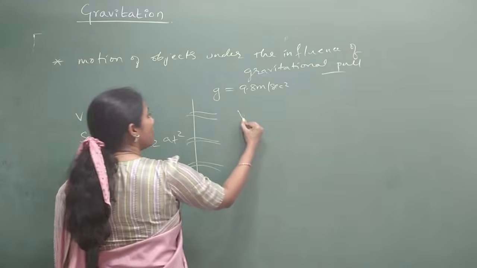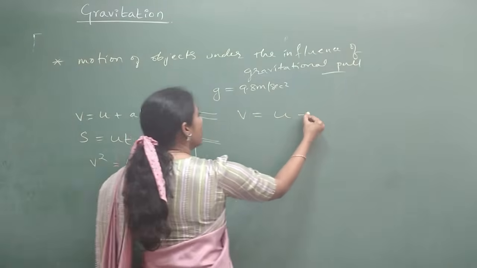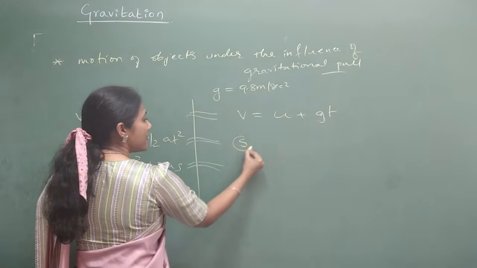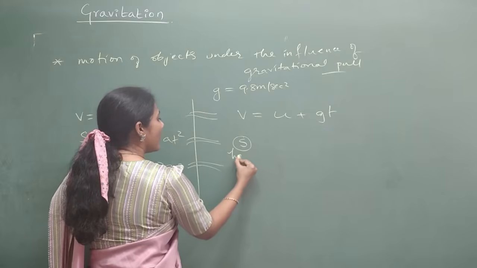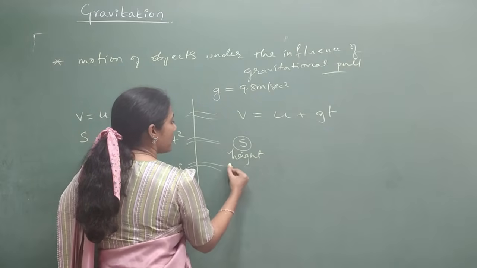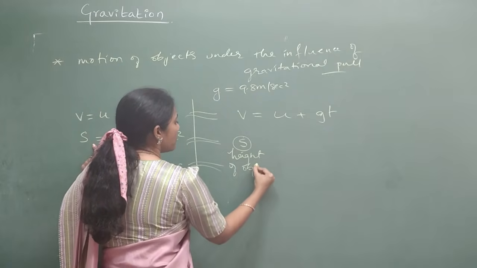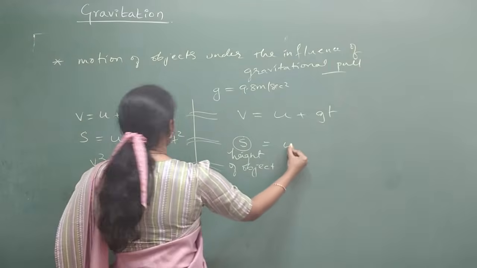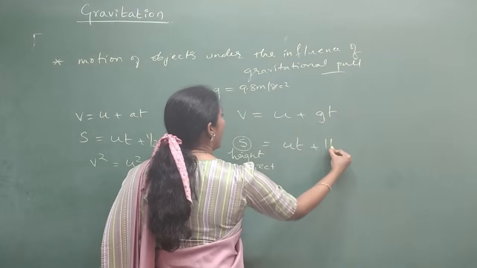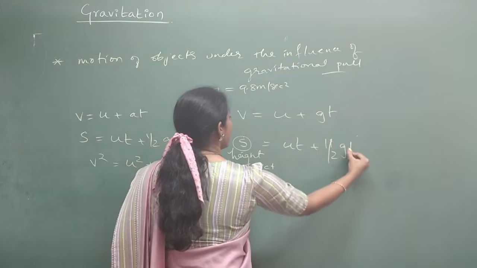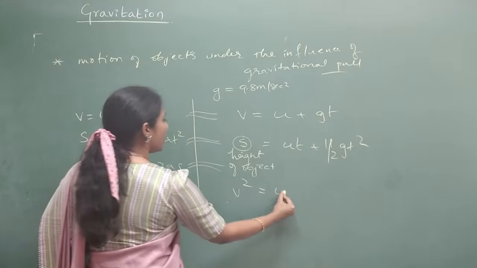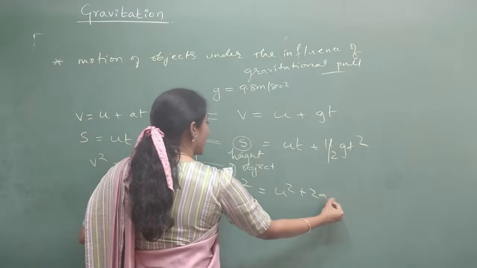So the formula becomes v is equal to u plus gt. Sometimes this s can also be regarded as the height of the object from earth. So s is equal to ut plus half gt square, and the last formula I can rewrite as v square is equal to u square plus 2gs.